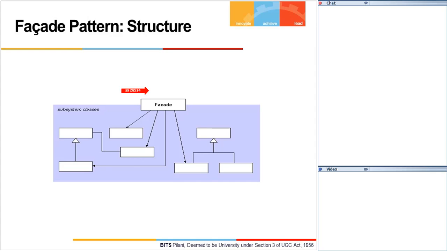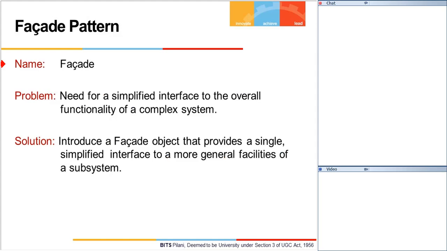Okay. So I'll just come back to what the facade pattern is and what problem this pattern aims to solve. There is a need for a simplified interface to the overall functionality of a complex system. Whenever there is a need for a unified, simplified interface to the overall functionality of a complex system, this is overcome by the facade object.